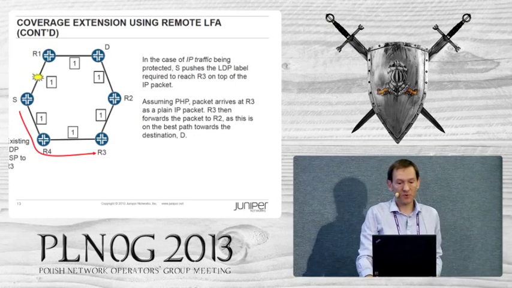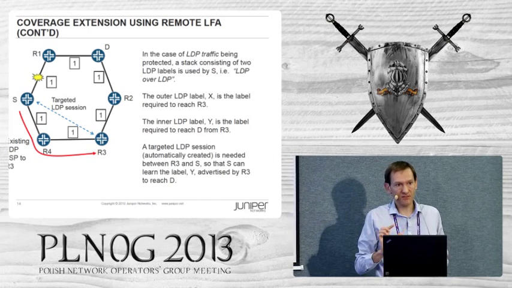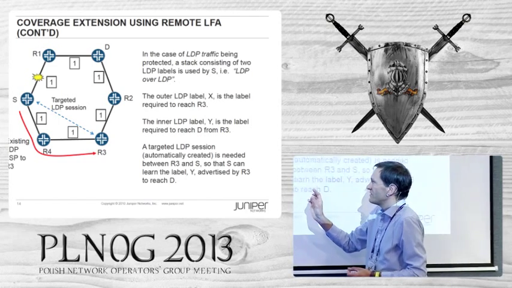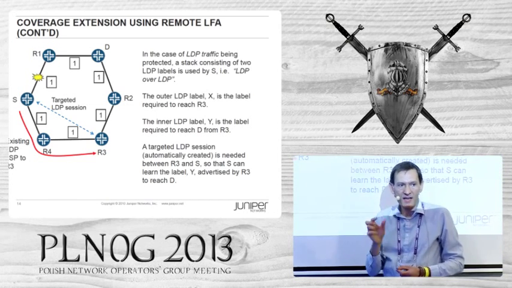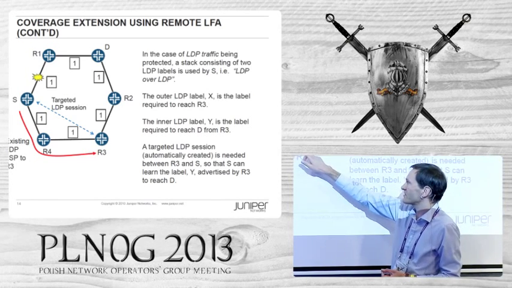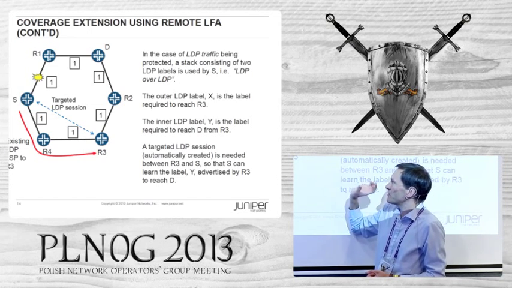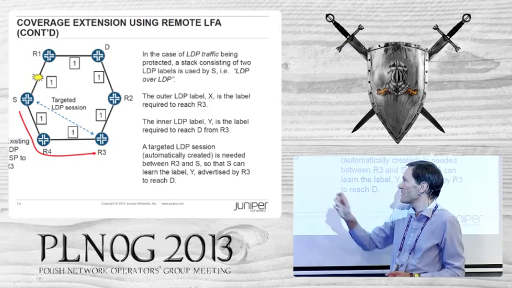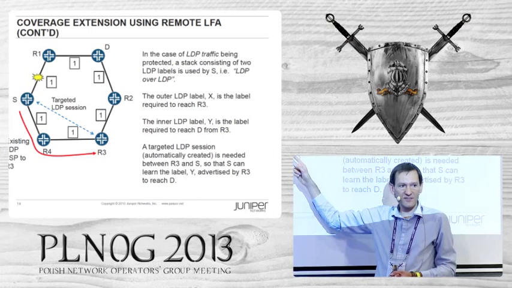Then coming back to your question, if it's an LDP packet that we're protecting, then indeed you do have a label stack, because what you need to know is, first of all, there's the LDP label required to reach R3, but then when it reaches R3, there needs to be another label, which is the label that R3 expects in order to send the packet towards D. And so in order for that to occur, S needs to know the LDP label that R3 is expecting in order to reach D. S isn't directly connected to R3, so he doesn't know that normally.